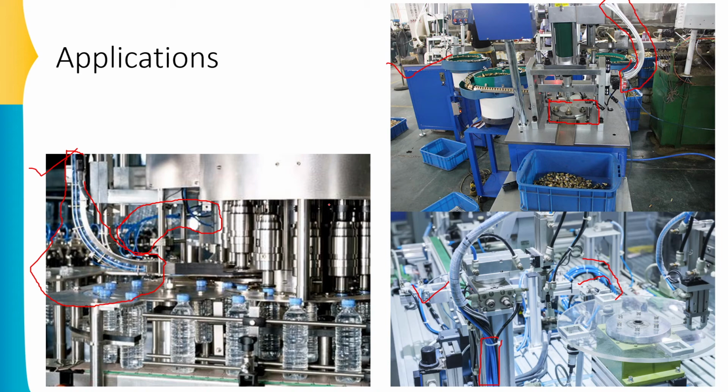If you observe these mechanisms, you are not able to understand where the line is coming from and where the line is going. So basically the ISO has given standardized symbols for such things.